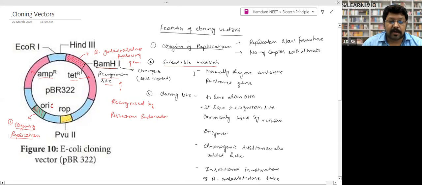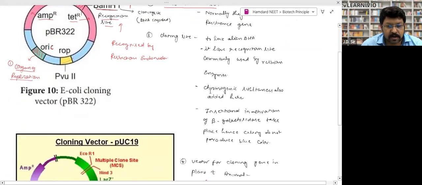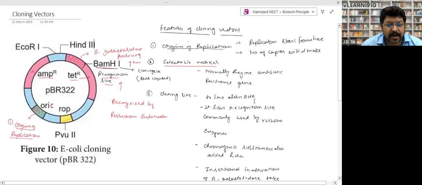So selectable markers are normally antibiotic resistance genes. To link with the alien DNA, the cloning site has a recognition site commonly used by the restriction enzyme. Chromogenic substances are also added here, in the recognition site, the insertional site, the cloning site.